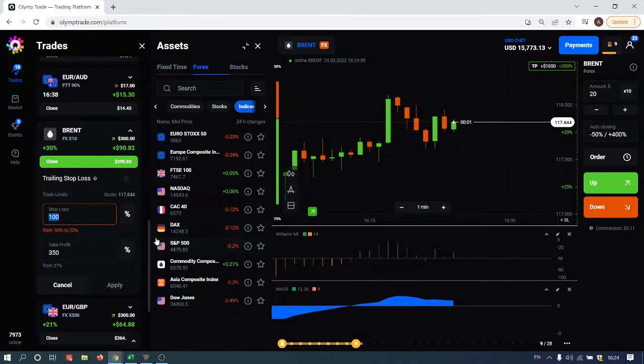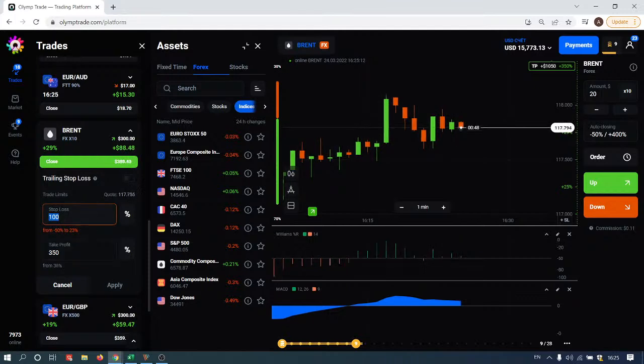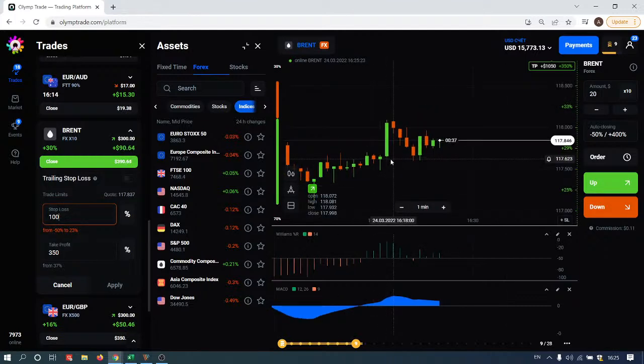So I was ready to risk 100% of my trade, or basically on oil it cannot exceed 50%. So my stop loss here was 50%, right? And my take profit was 350%, which is probably a little bit too much. I'm being a little bit greedy, but generally speaking, that is fine.